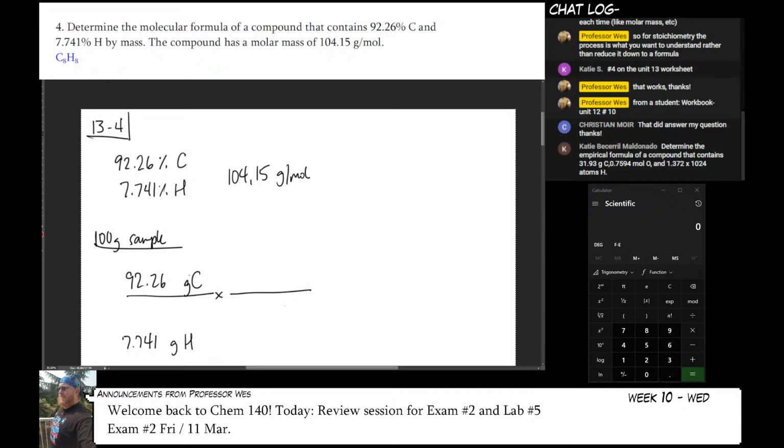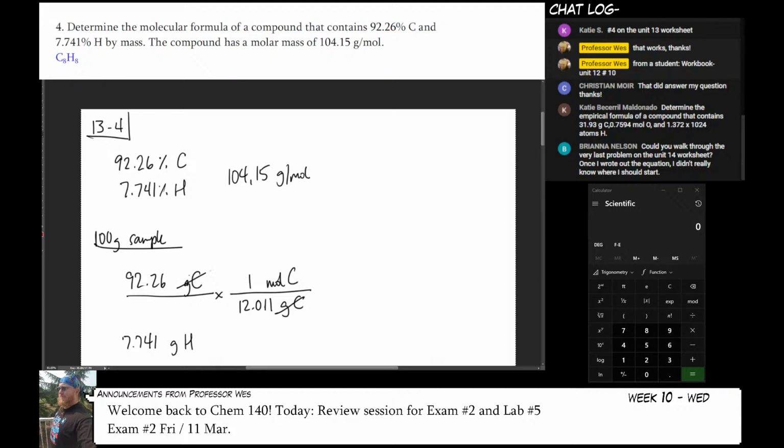And then we'll turn this into moles first. So 92.26 divided by 12.011. So I get 7.681 moles of carbon.